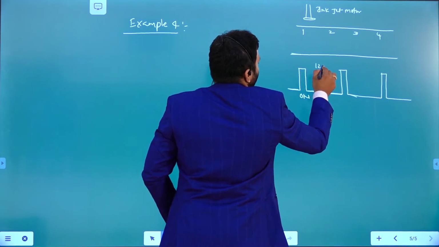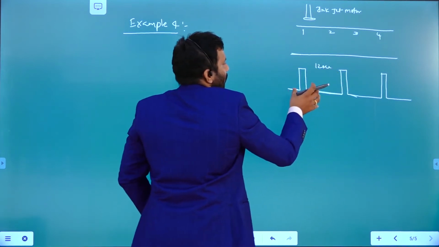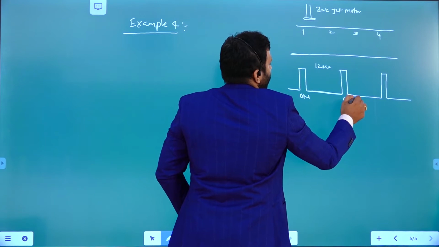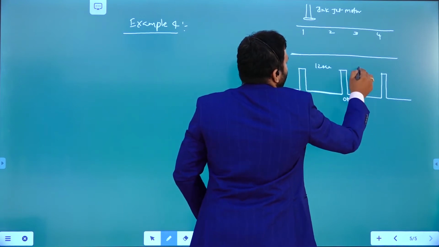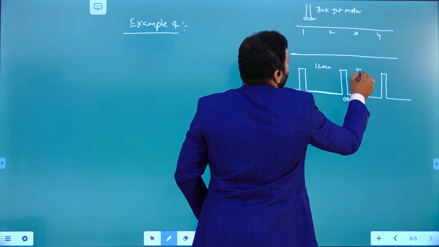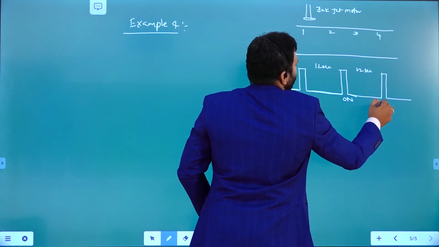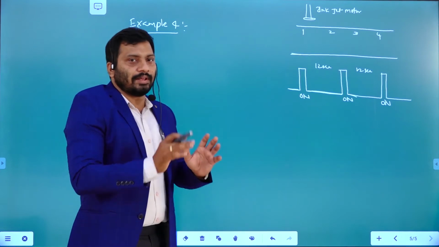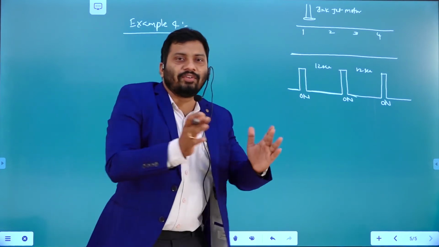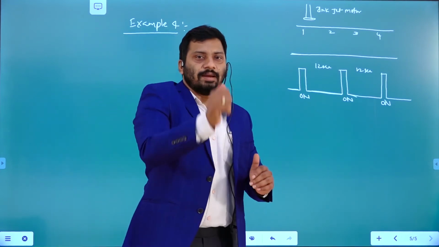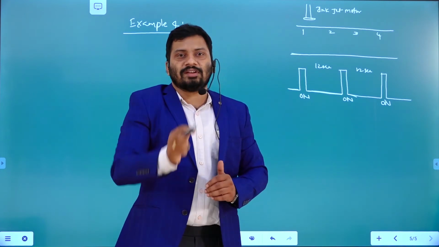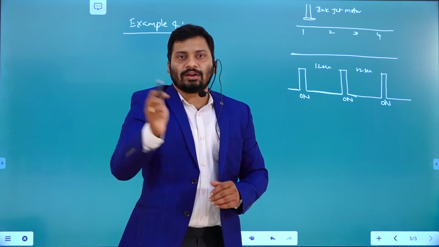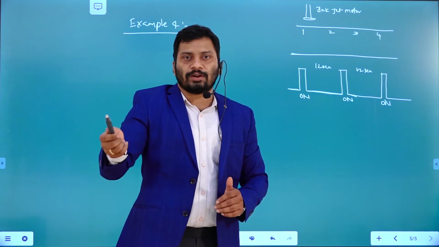For example, for every 12 seconds it needs to be on, then off again for 12 seconds, and after 12 seconds it needs to be on again. Like that, this is a simple example. In industry, maybe for every 1 minute it's going to be stamped, depending upon how fast the motor winding this cloth is moving.